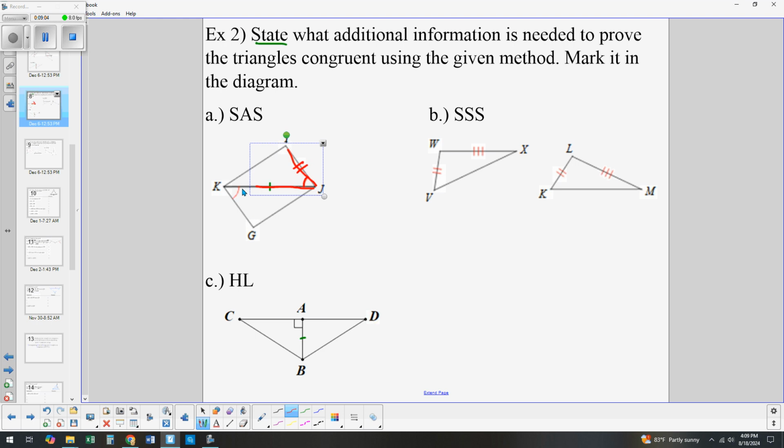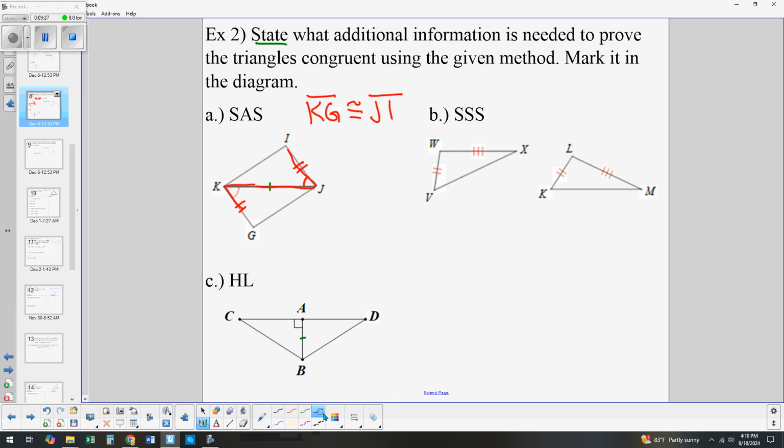And same thing here. If this side and this side are the 2 that point to that angle, this is a side that we need. So that would have been segment KG is congruent to segment JI. And that is the additional information that would be needed to prove using SAS.